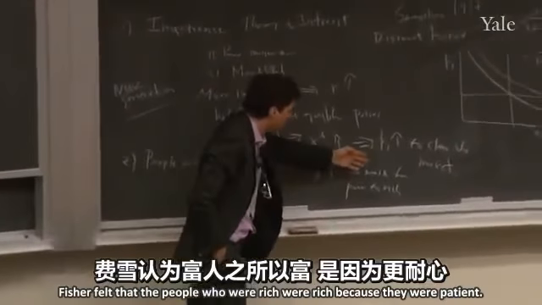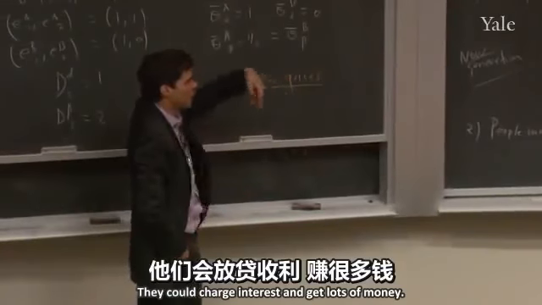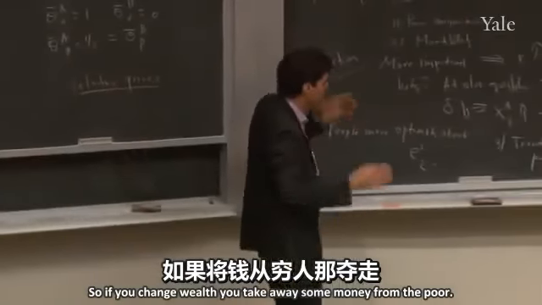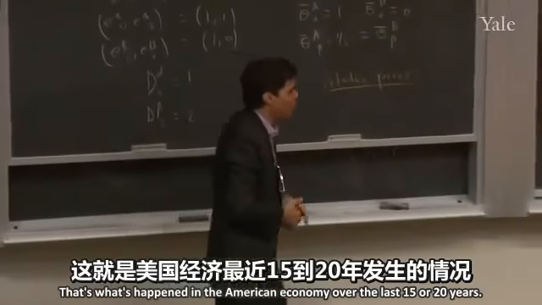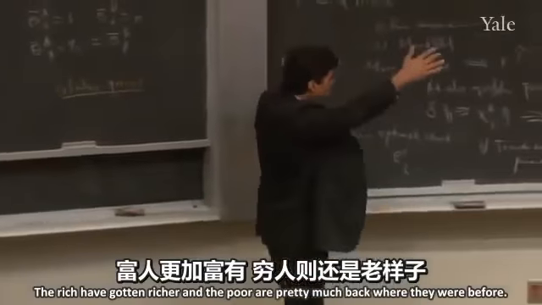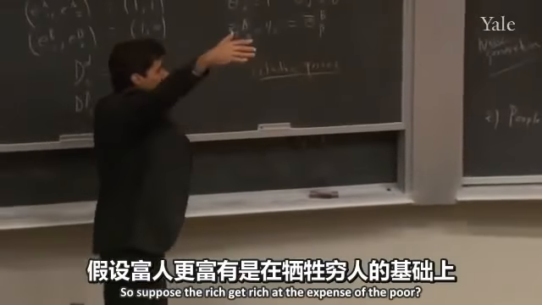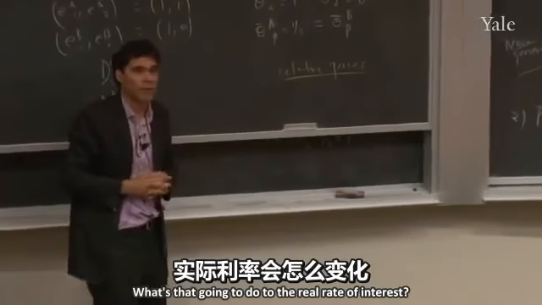Fisher felt that the people who were rich were rich because they were patient. They could charge interest and get lots of money. So if you change wealth, you take away some money from the poor. That's what's happened in the American economy over the last 15 or 20 years. The rich have gotten richer, and the poor are pretty much back where they were before. So suppose the rich get rich at the expense of the poor. What's that going to do to the real rate of interest?